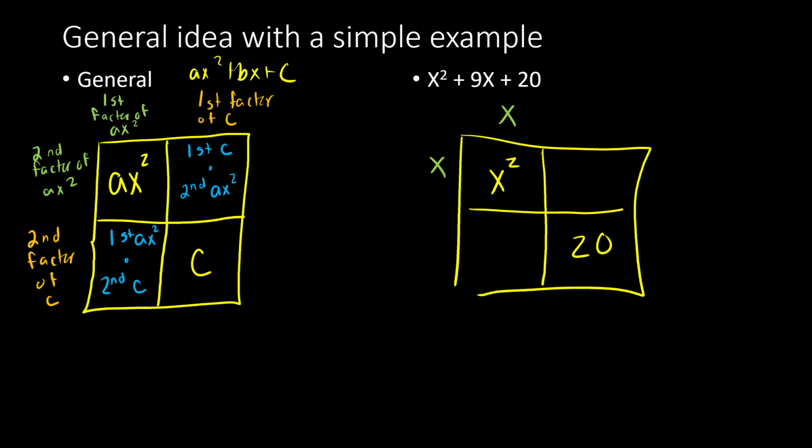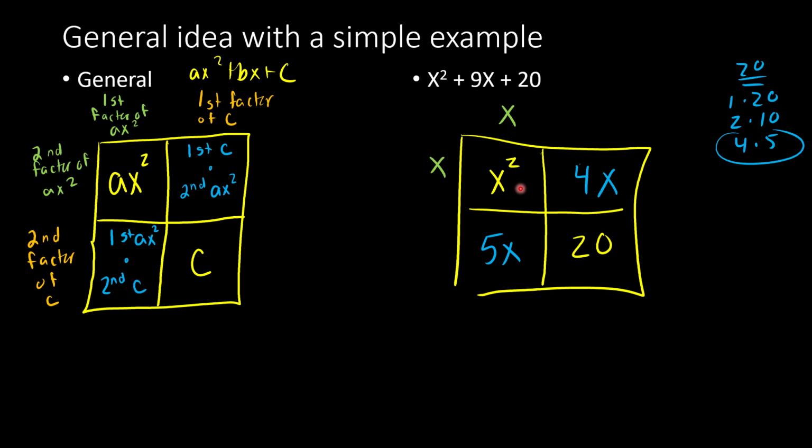And then typically what we do is we take that 20 and we factor the 20 into all of the possible factor pairs until we find the pair that adds up to 9. And then that's how we break it up. And we say, okay, we have 4x and 5x. But I want you to notice what has happened here.